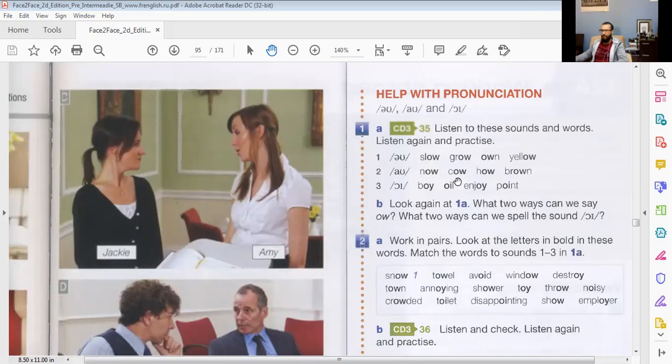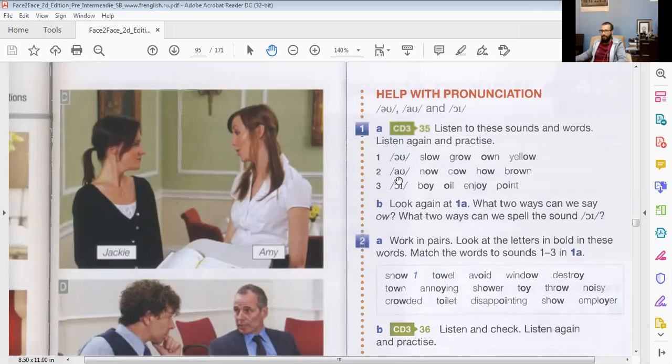Cow. How. Brown. 3. Oi. Boy. Oil. Enjoy. Point.